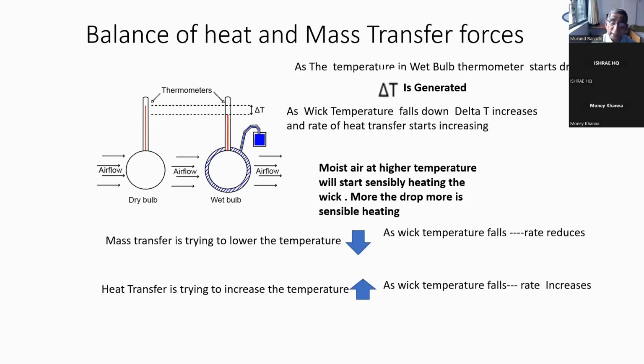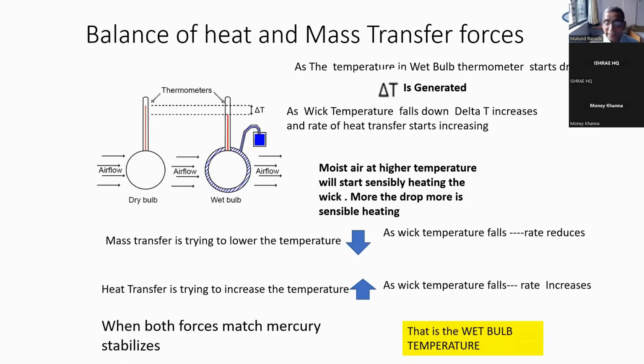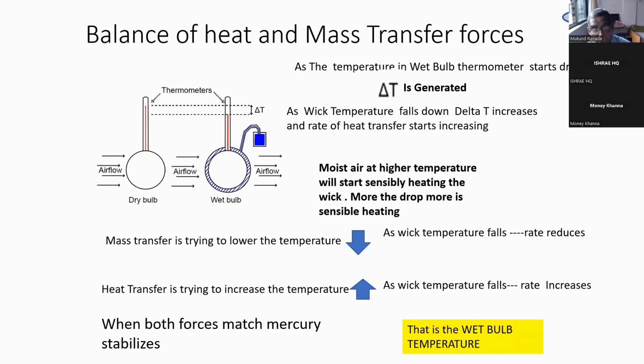So at some point, those two forces become exactly equal. When the heating force and the cooling force become exactly equal, the mercury will get completely stabilized. It will not go up or go down. And that temperature we call the wet bulb temperature.